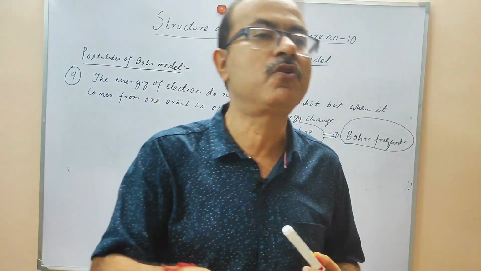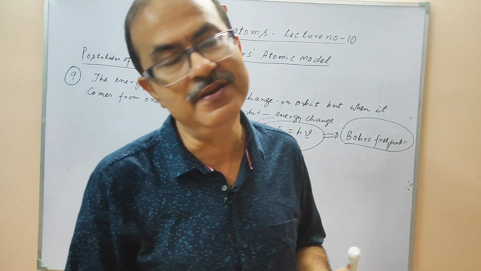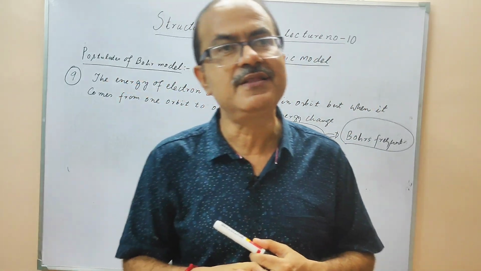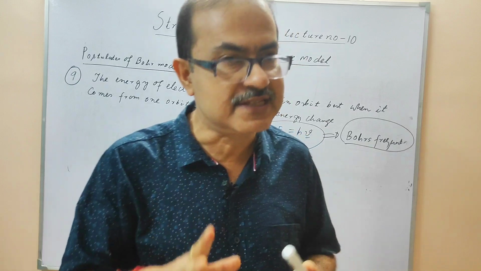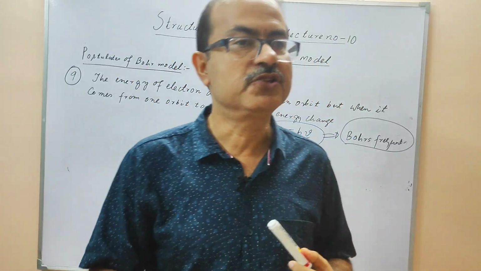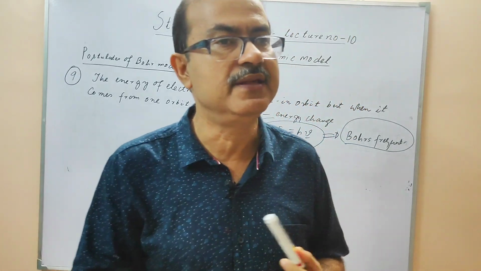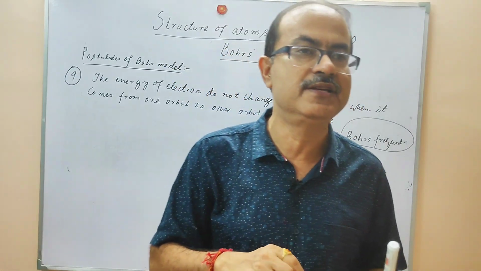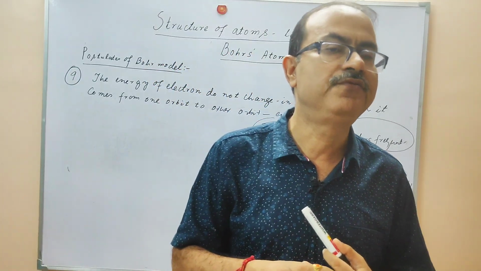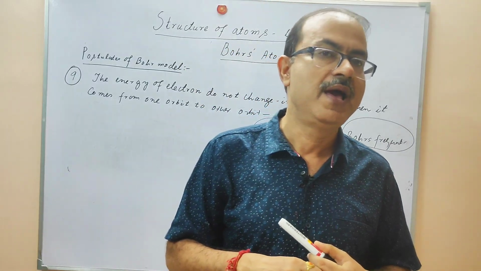The line spectra of complex atoms has not been explained by the Bohr model. Third, the Zeeman effect and the Stark effect: the splitting of the spectral lines in a magnetic field is called the Zeeman effect, and in an electric field it is the Stark effect, which the Bohr model was not able to explain.